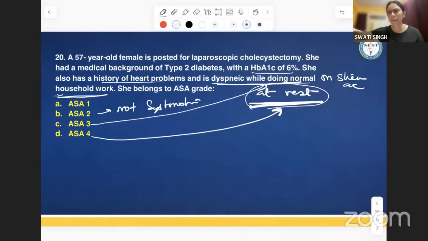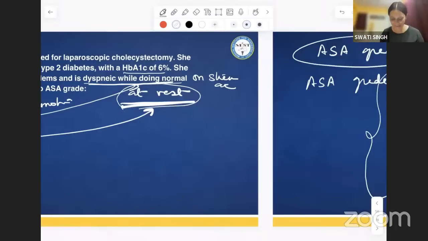But if little activity is precipitating the symptom, then it comes under moderate to severe disease, which is ASA grade 3, right? So you have understood, Bhuvana? Okay. So clear, everyone? This will come in the exam somehow. My heart says so, right? Next question.